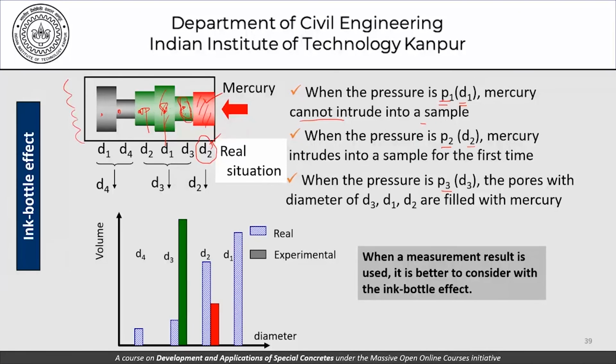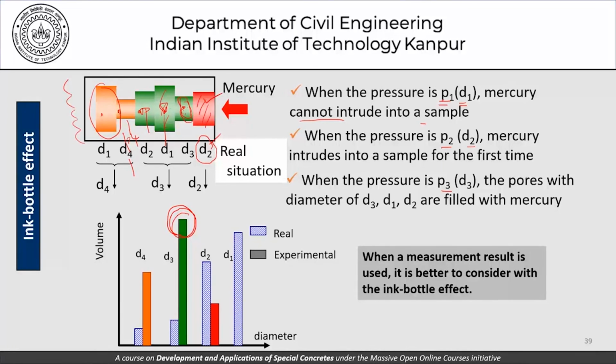This entire volume here is getting counted as if it was D3. Similarly, in the next pressure step, when it comes to D4 corresponding to P4, this volume will also get counted as if it was a D4 pore. So this is something which is a bottleneck here.